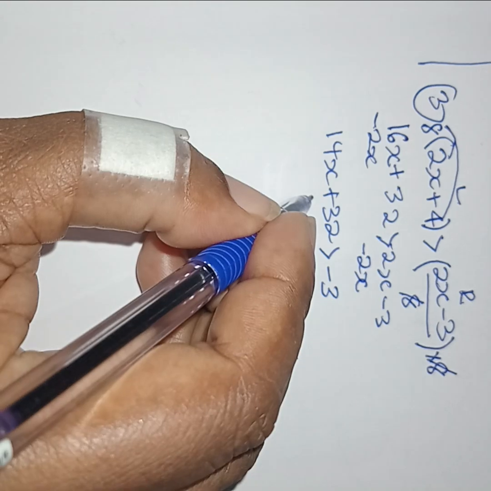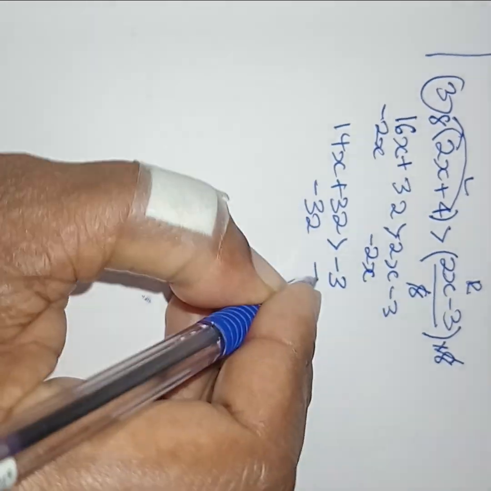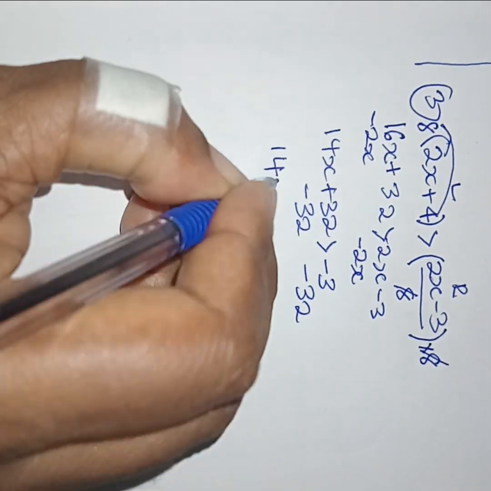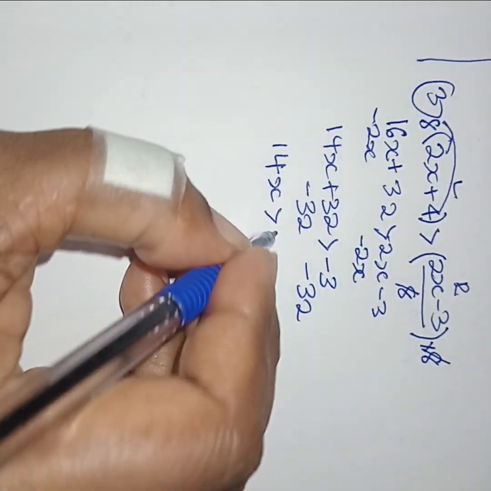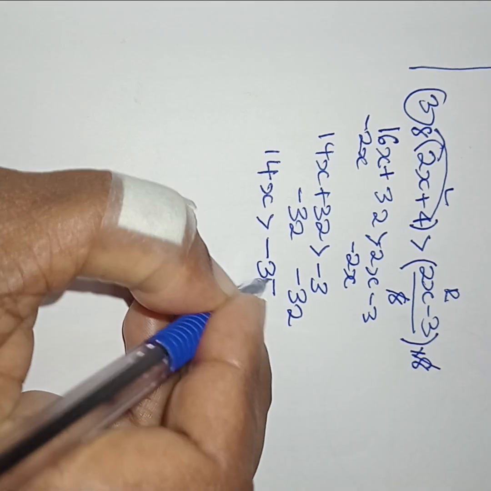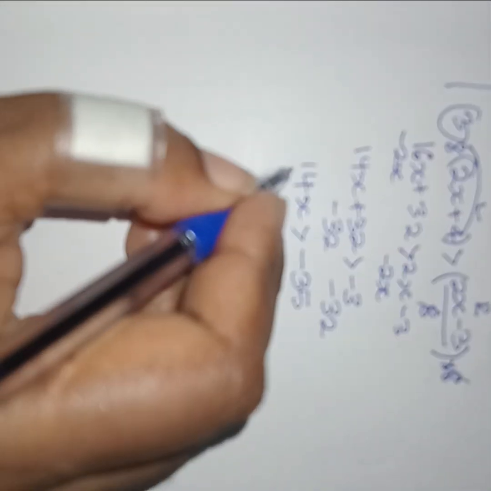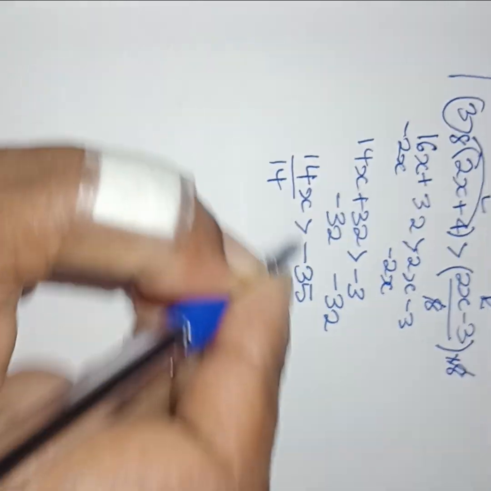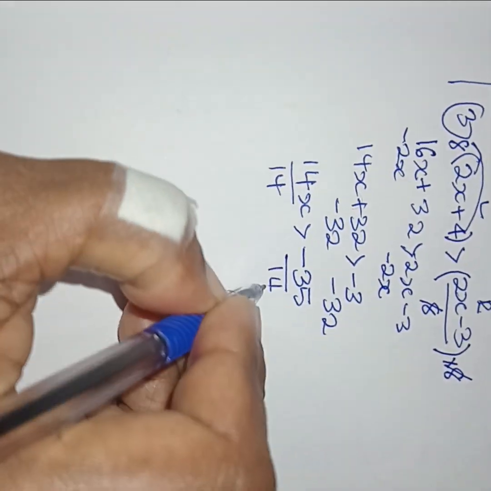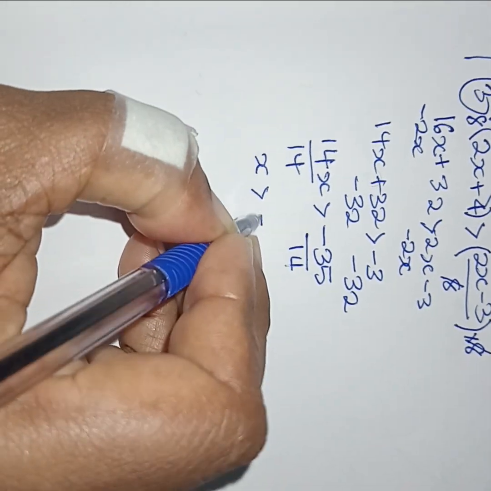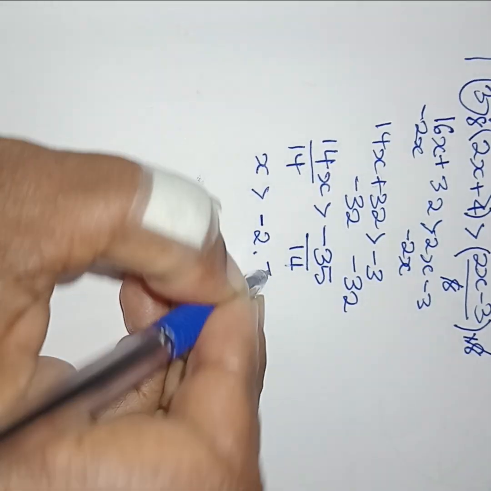We have a plus 32, so minus 32 on both sides. And we'll have 14x is greater than negative 35. We still have 14 attached to x, so divide by 14 on both sides. And we'll have x is greater than negative 2.5.